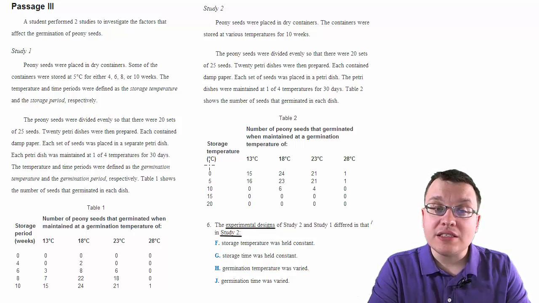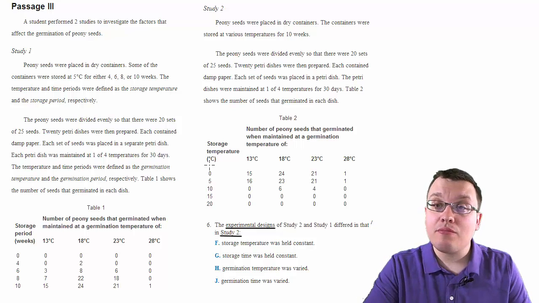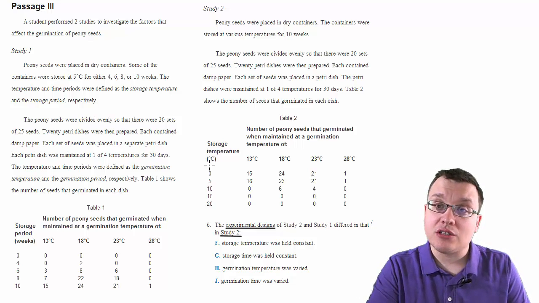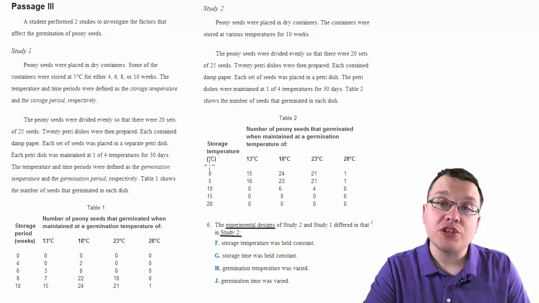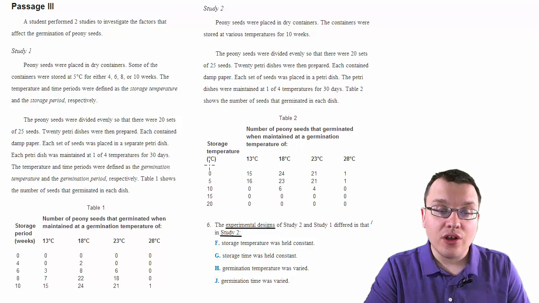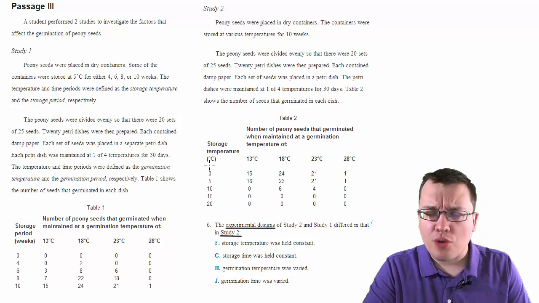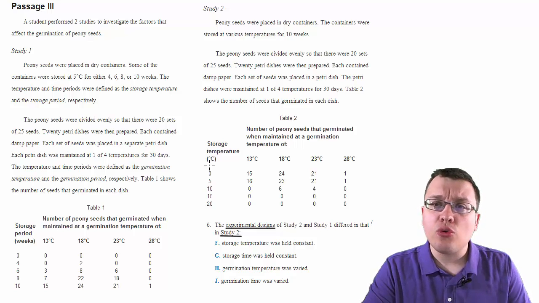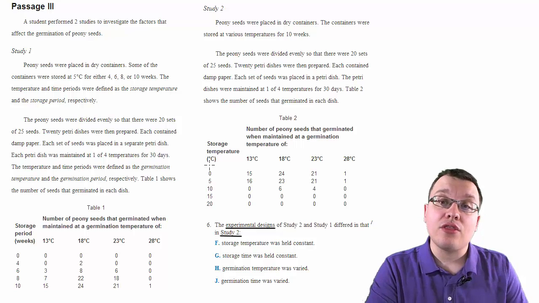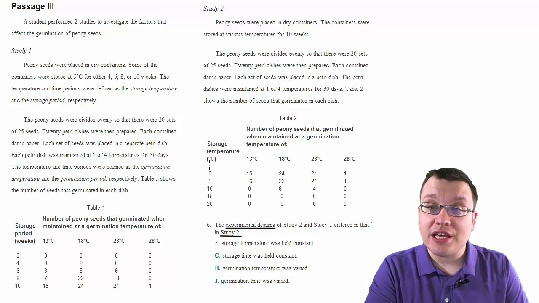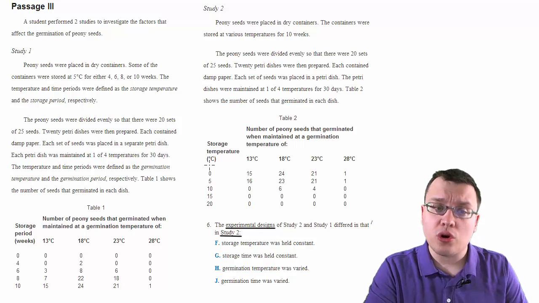So you're going to keep everything the same from trial to trial to trial, except for one thing which you vary. And typically one thing, although you can have more than one variable as well. But in any event, you want to keep those things constant and also make sure that the thing you're testing is being changed in a systematic way. And that's what this question is really testing: what are the variables, what are the controls?